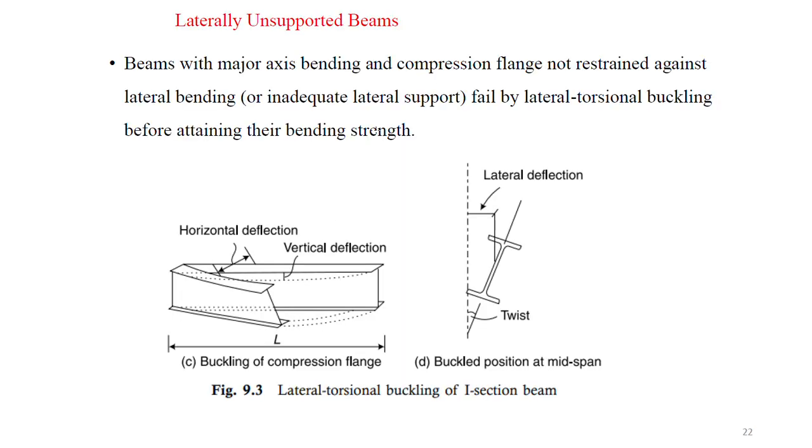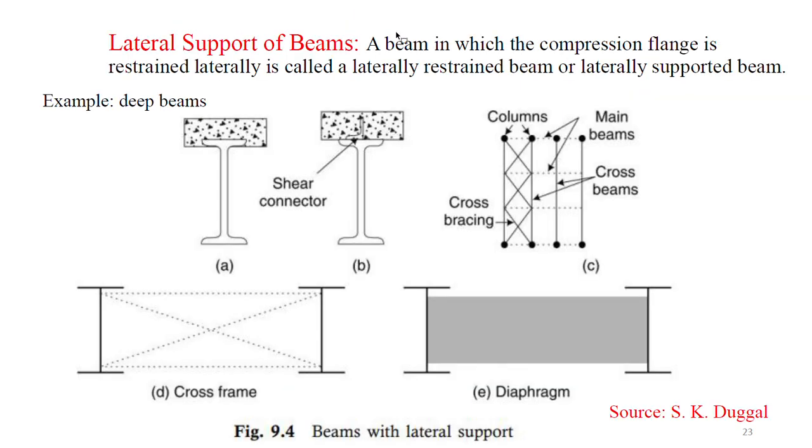While designing the beams we need to know whether the beam is laterally supported or unsupported. What is the difference between laterally supported beams and laterally unsupported beams? Here we can see two types of beams: laterally supported beams as well as laterally unsupported beams. First of all we will see laterally supported beams.